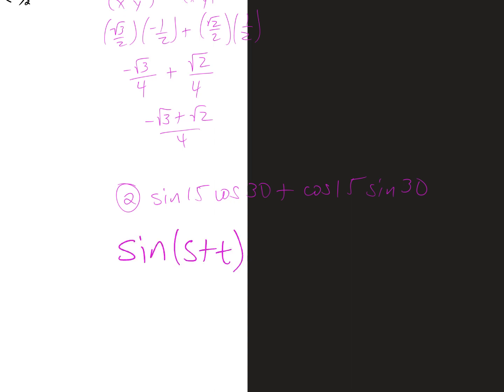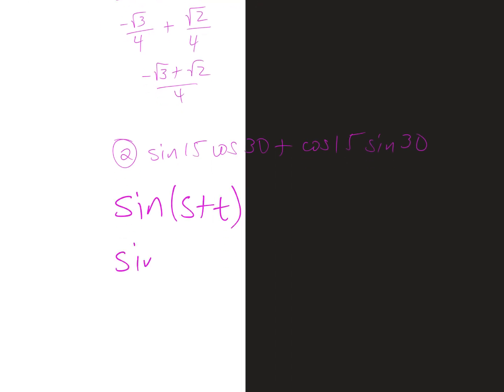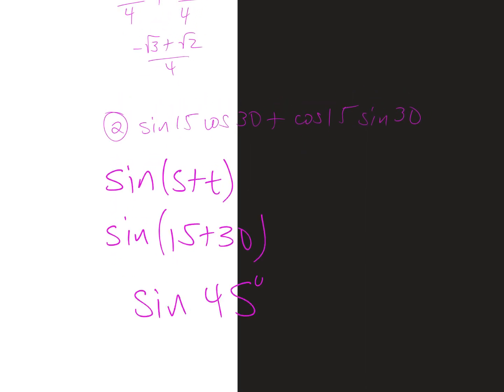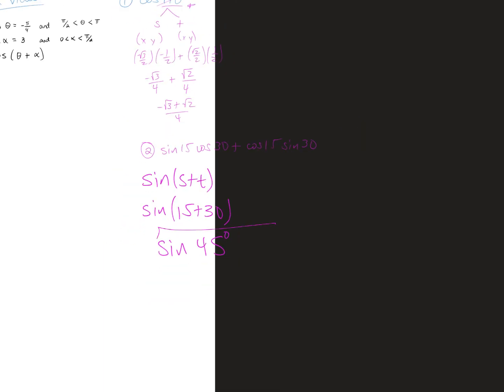Good. So this is really the sine of 15 plus 30, which is what? Sine of 45. Is 45 on the unit circle? Yes. So the first part of your answer is there. Then the second part is you would tell me the y value, which is the square root of 2 over 2.